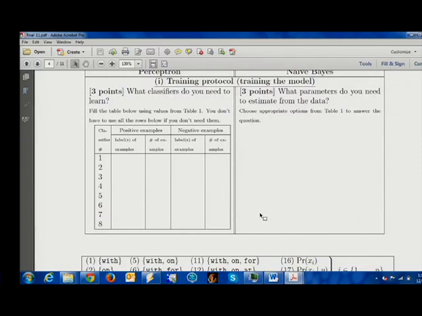In naive Bayes, we have to compute parameters. What are the parameters that we have to compute? So P of each label, and you know what that is going to be. What's going to be P of each label? A 4th.